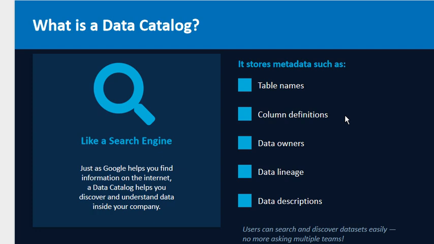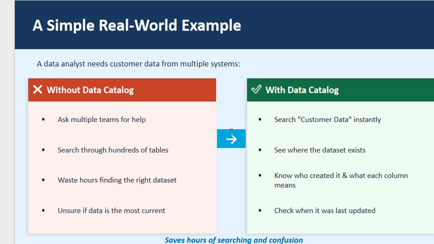What does it store? It stores table names, column definitions, data owners, data lineage, and data descriptions. So users can search and discover data sets easily, with no more asking multiple times.